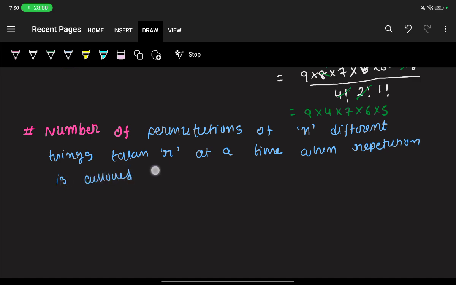That means basically n multiplied by n multiplied by n and so on, r times. Yes or no? That just basically means n raised to r, okay? Good?